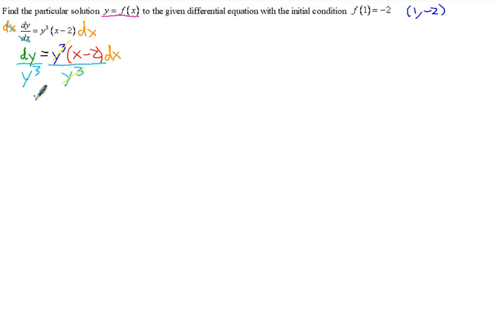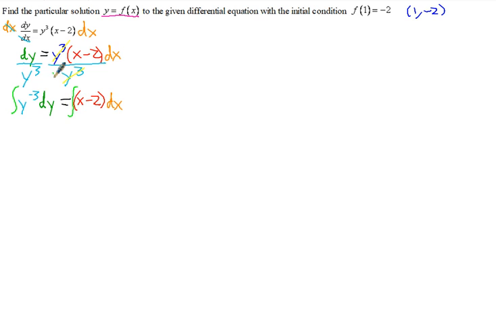So this is the same as y to the negative 3 times dy equals x minus 2 times dx. Now the x is with the dx and the y is with the dy, so the variables are separated. And as soon as they're separated, that's when we can integrate both sides.